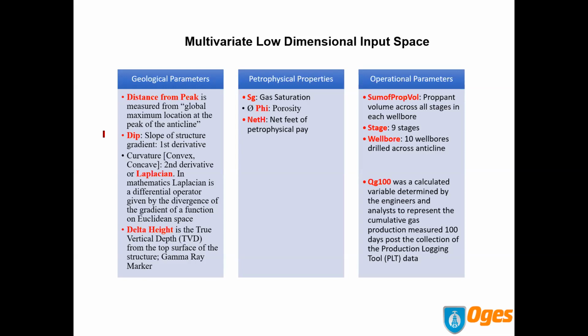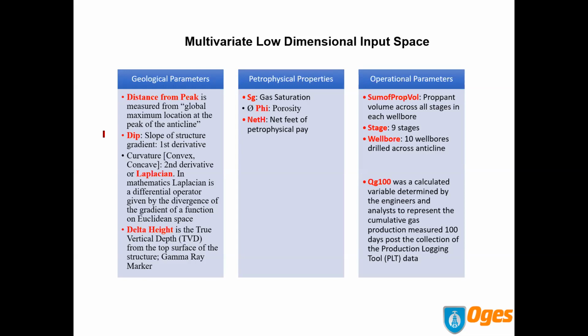That's a nice mix of data sets. The data was taken from 10 different well bores, and each well bore had a production logging tool. This PLT data was collected at 9 different stages.